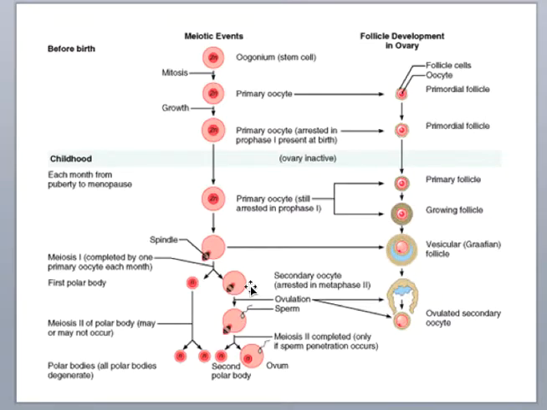Our Graafian follicle contains our secondary oocyte that gets ovulated, and if a sperm gets through the corona radiata and the zona pellucida and is capable of fertilizing the secondary oocyte, then it will undergo meiosis II and split off a polar body that will degenerate. This fertilized cell will then undergo rapid divisions to become a zygote, with possible implantation into the uterus to develop into a fetus.